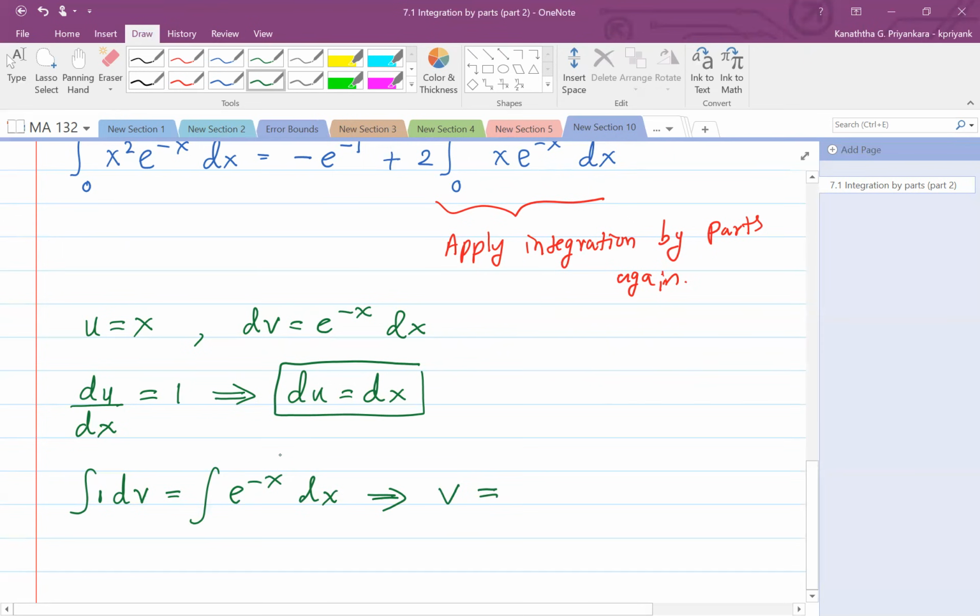So we know that antiderivative of e to the power something would be e to the power that, which is negative x here. Then we take the derivative of this exponent with respect to x, so that would be negative 1. So we divide by negative 1. So v would be negative e to the power negative x.